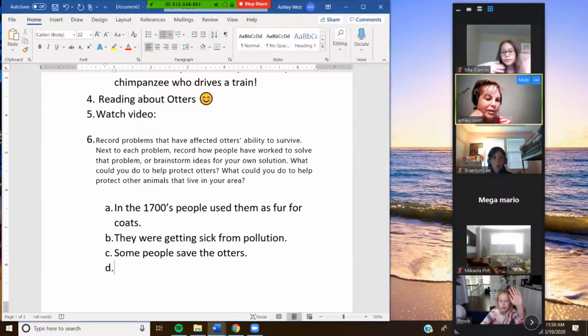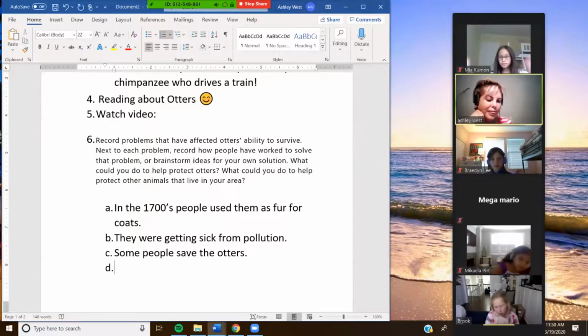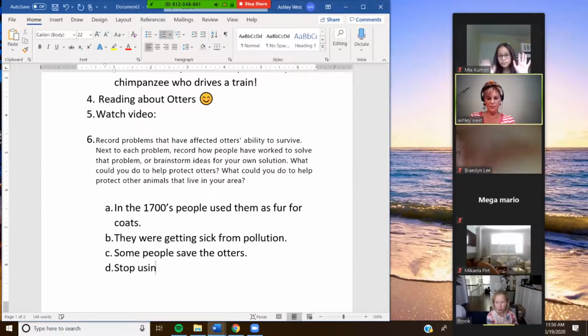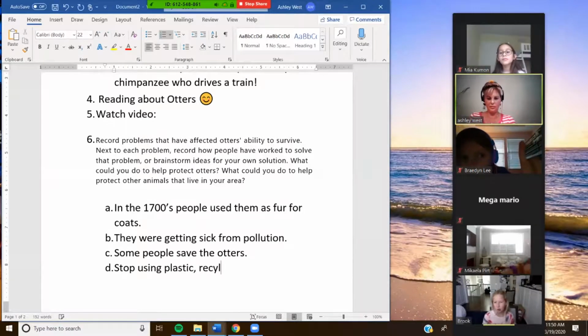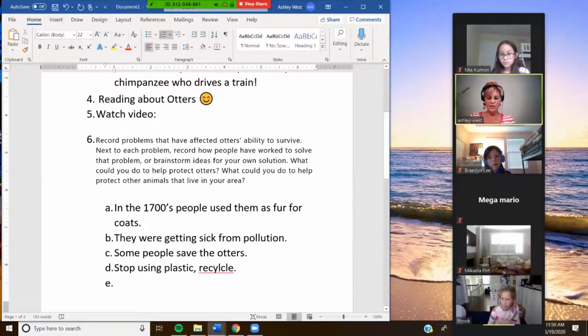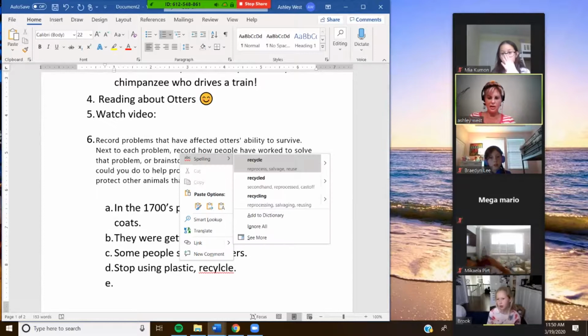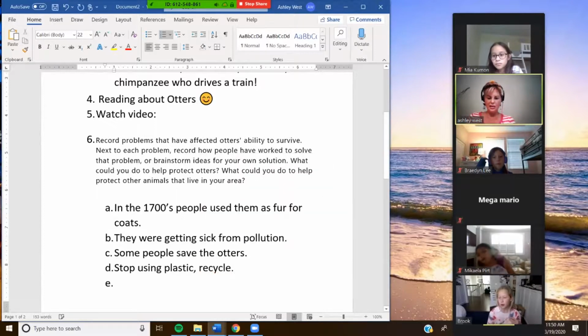Yes, Brooke. People can stop using plastic bags, and those Evian water bottles. Yes, or Arrowhead. They can use reusable bottles and reusable bags.